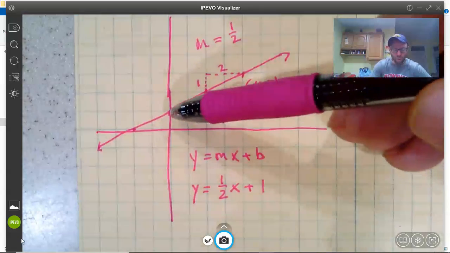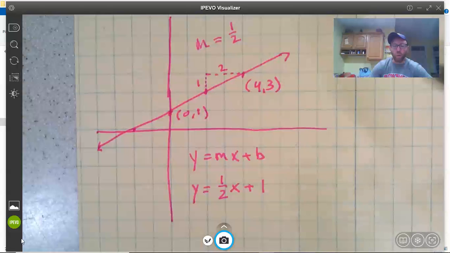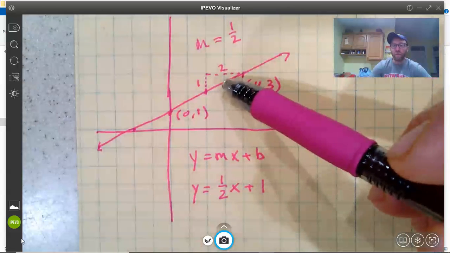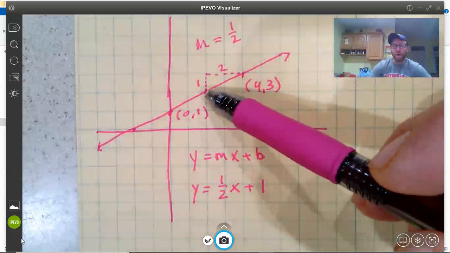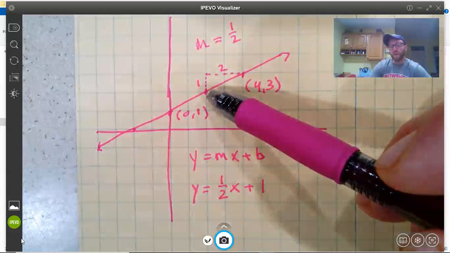So if I know the y-intercept, in this case the y-intercept is (0, 1), and the slope of the line is 1/2. So its ratio of vertical to horizontal change as I travel from one point to another is 1 to 2.